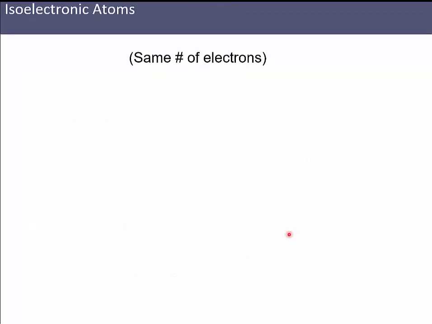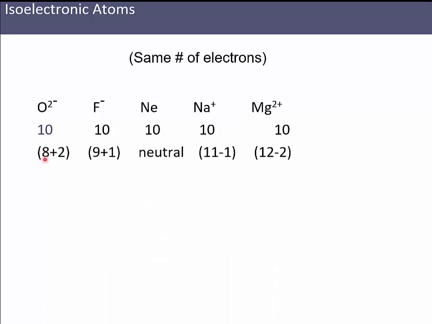Okay. If you have the same number of electrons, so oxygen 2 minus, fluorine 1 minus, neon unchanged, sodium plus, and magnesium 2 plus, they're all going to have 10 electrons. So it would be oxygen gaining 2, 8 plus 2, fluorine gaining 1, neon would be neutral, sodium would lose 1, and magnesium would lose 2.